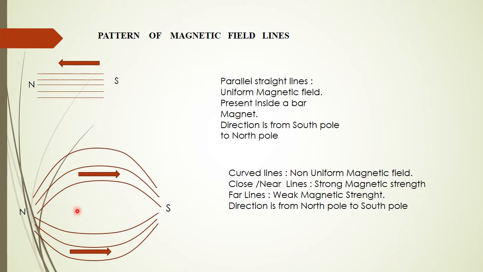So magnetic field lines at the poles are close enough and at the sides they are far enough. The magnetic field lines which are close represent a strong magnetic strength, and those which are far represent a weak or less magnetic strength, and the direction outside a magnet is from north pole to south pole.